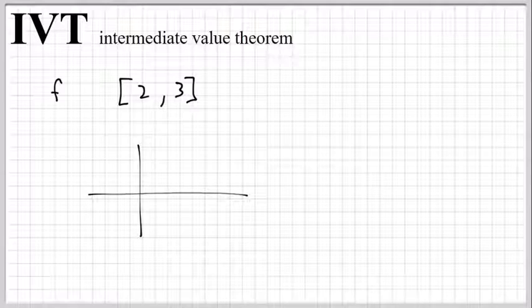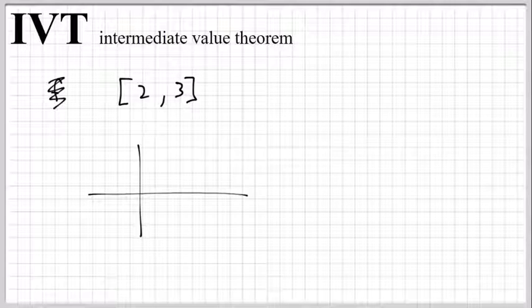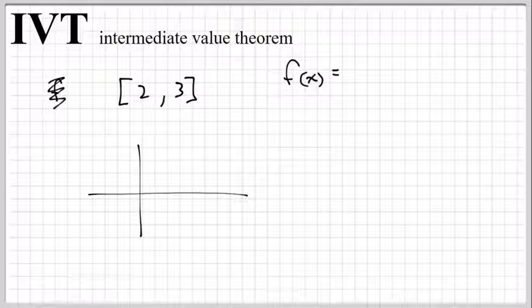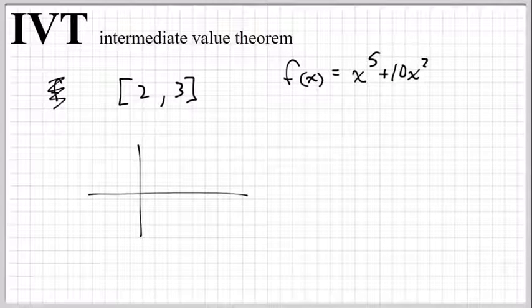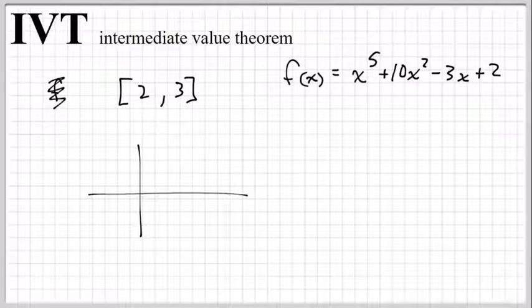So let's define it somewhere. Let's say that f of x equals something crazy, like x to the 5th plus 10x squared minus 3x plus 2. I have no idea what this thing looks like, but I want to know between these two numbers, does it have an x-intercept?